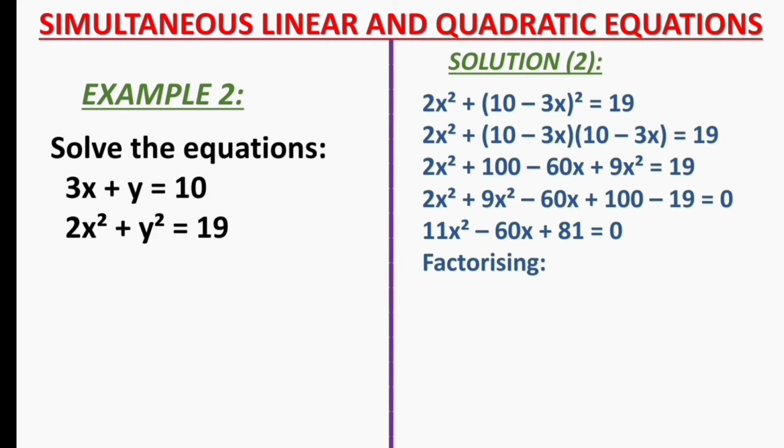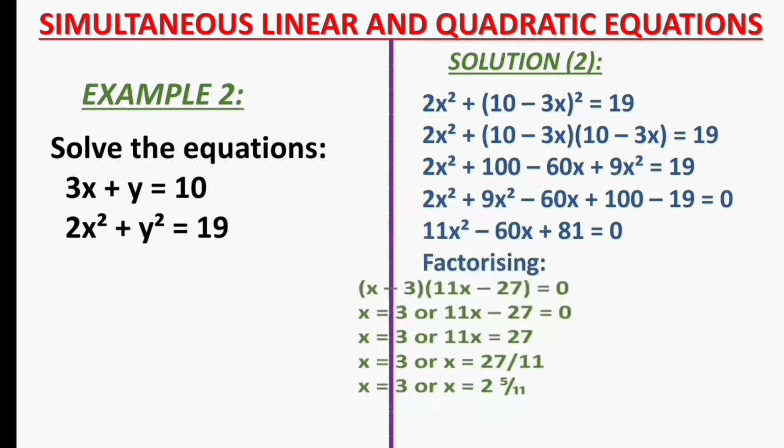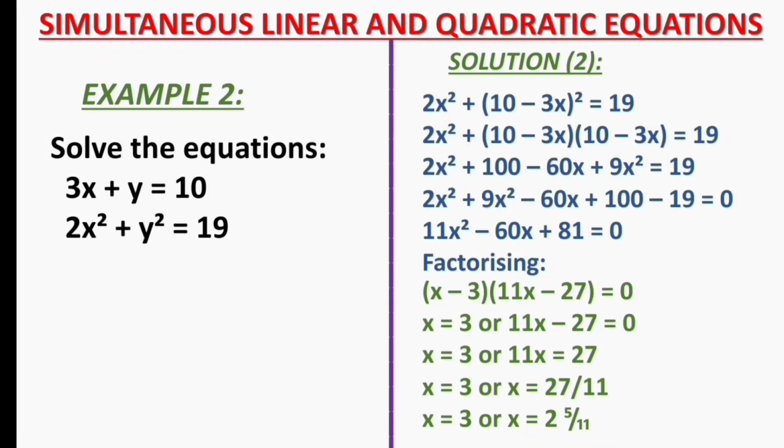Let's factorize this quadratic equation. Factorizing this quadratic equation and solving for x, the answers for x are x is equal to 3 or x is equal to 2 whole number 5 over 11. I hope you got these answers correctly.